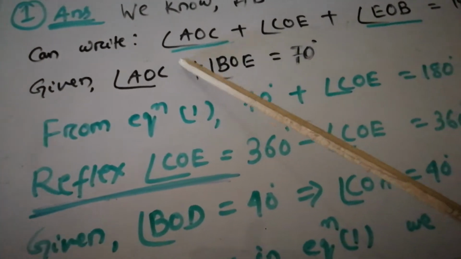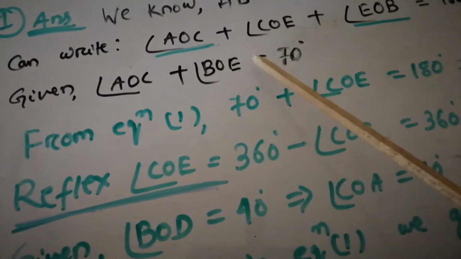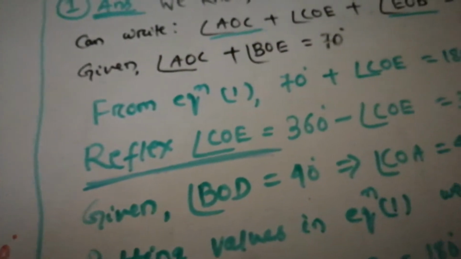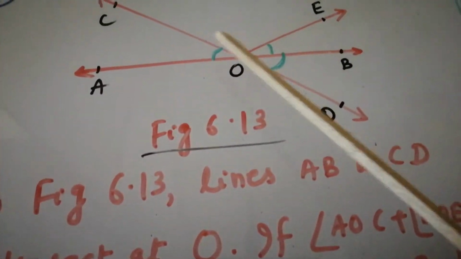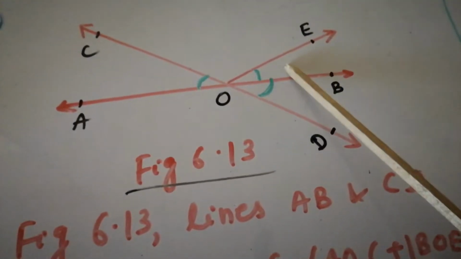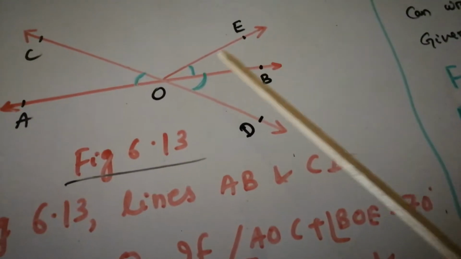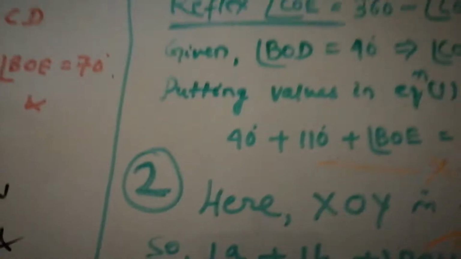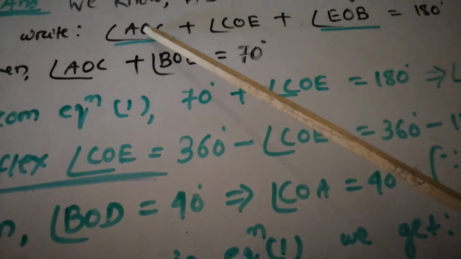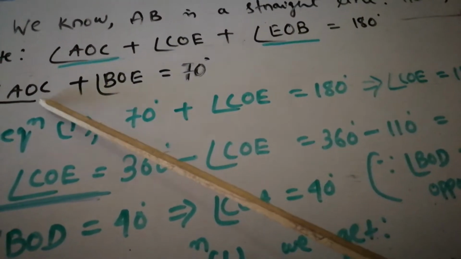Next, it is given that angle AOC plus angle BOE equal to 70 degree. From equation 1, we can put the value of AOC plus BOE from this.